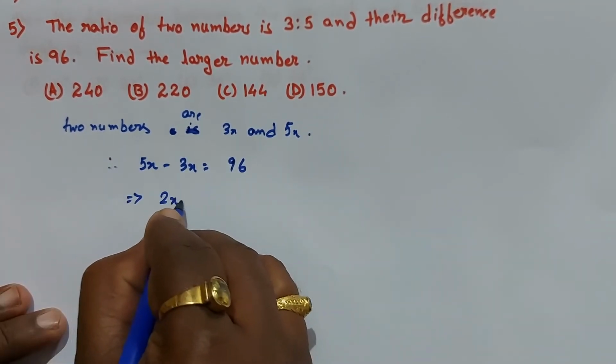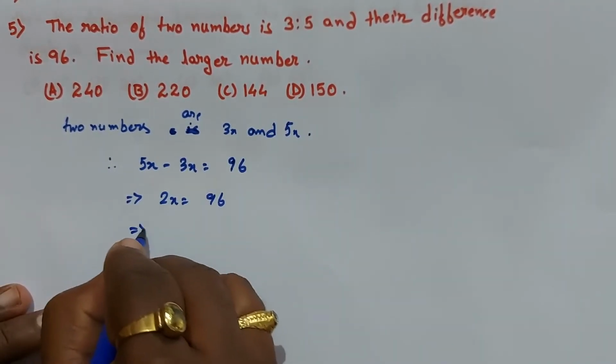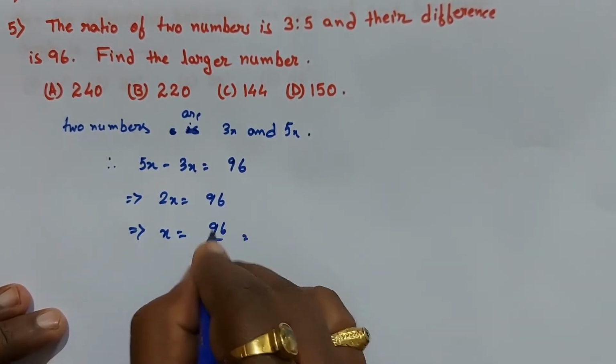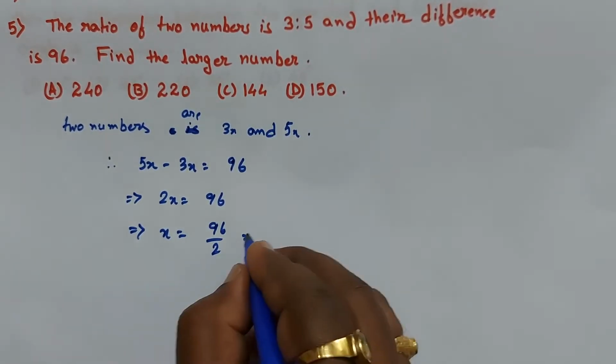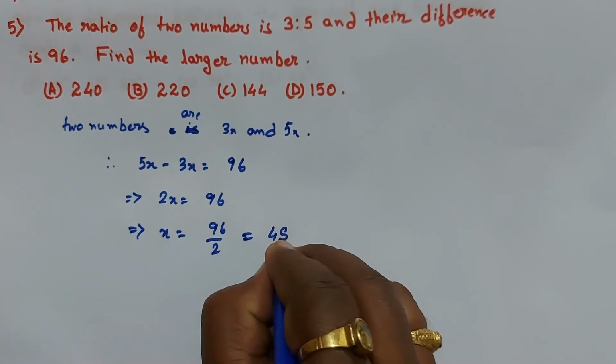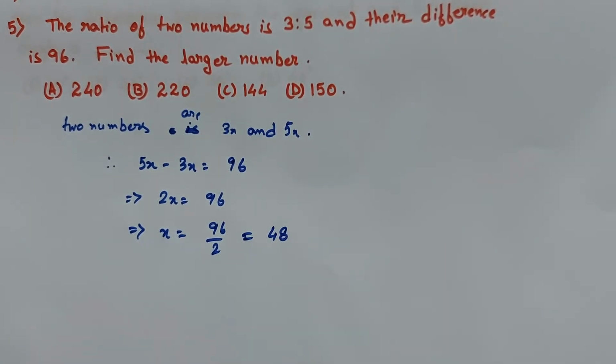So 2x equals 96, then x equals 96 by 2, that is half of 96, isn't it? Half of 96 is 48. So x equals 96 by 2, that is 48.